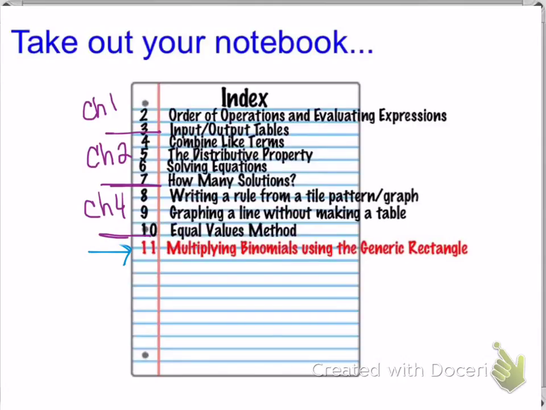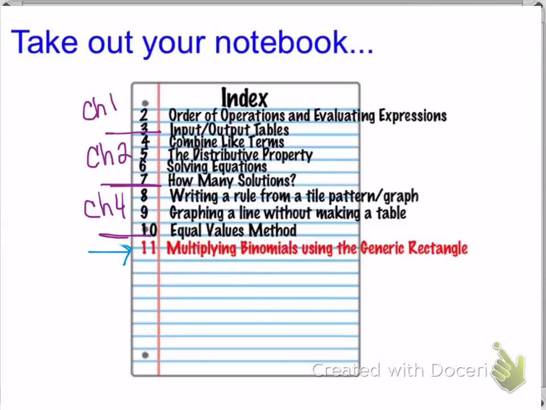It might be helpful too to start labeling your index based off of the chapters in which we discussed each one of these notes. So if you wanted to, take the time and add that information. It will be easier to reference in regards to studying for any retakes that you may be interested in doing.